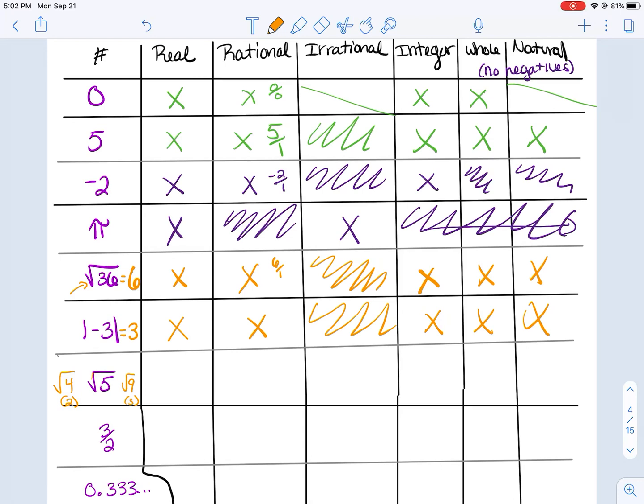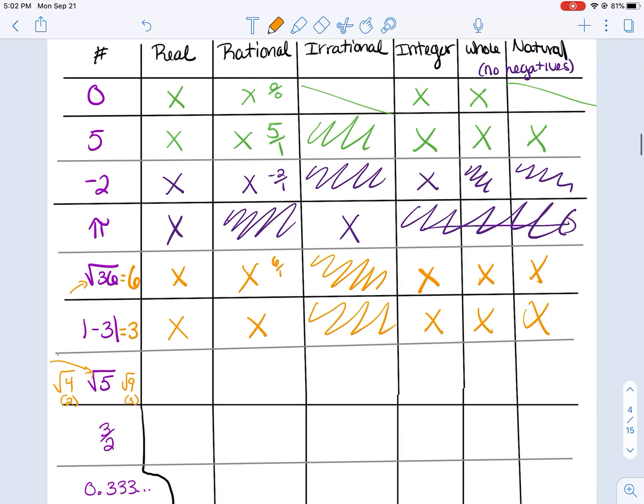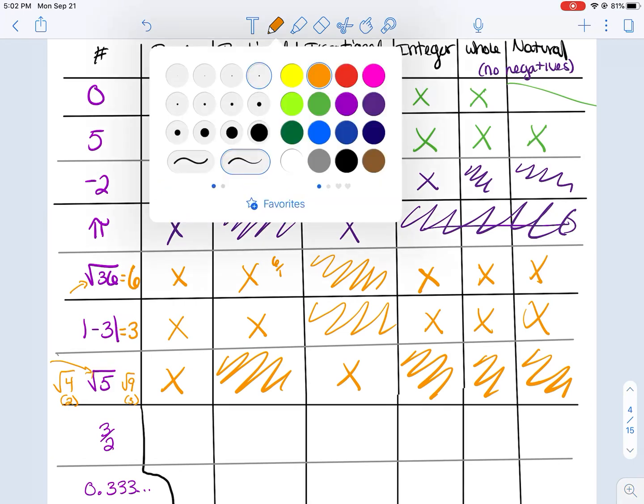You could double check that on your calculator to see what the decimal looks like. But we can pretty much surmise that it's not going to be a nice terminating decimal. So that tells me, yes, square root of 5 is real, but it is irrational, okay? And that means it can't be rational or any of the other classifications.